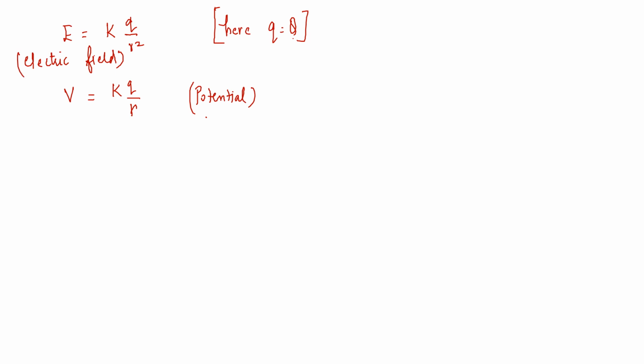So that's how E is proportional to 1 by R square and V is proportional to 1 by R. This is the difference between them.